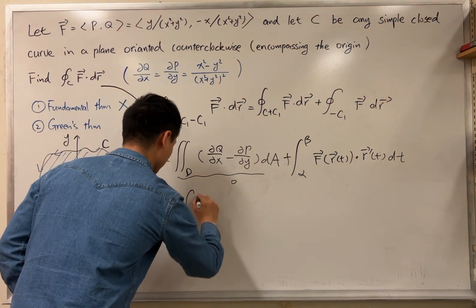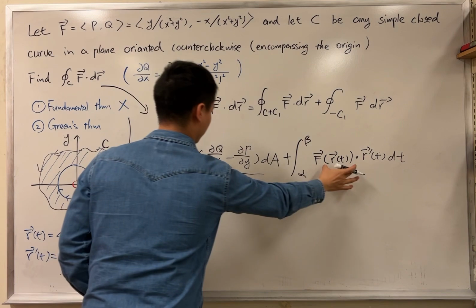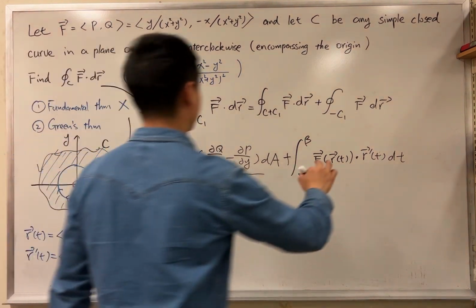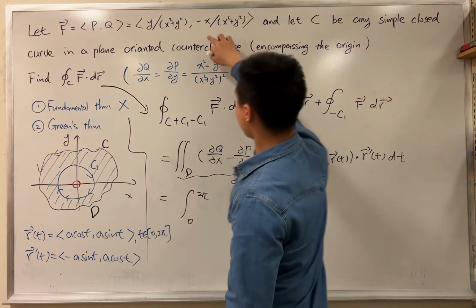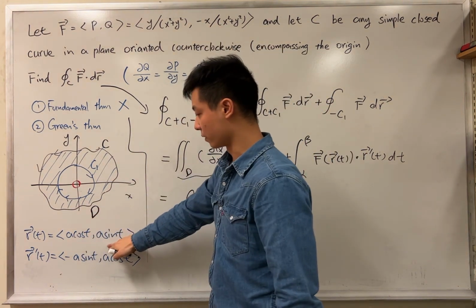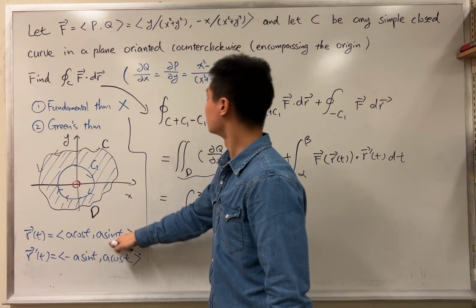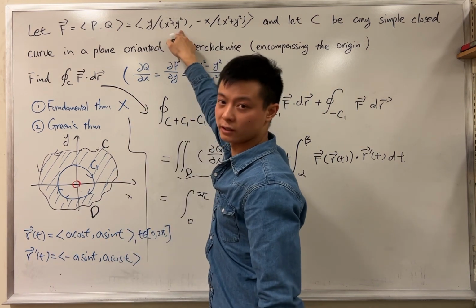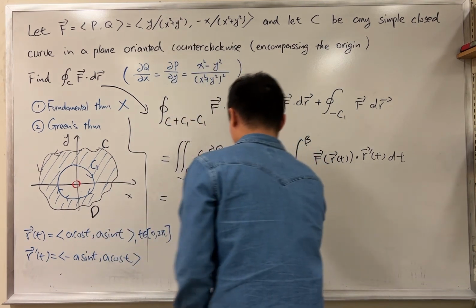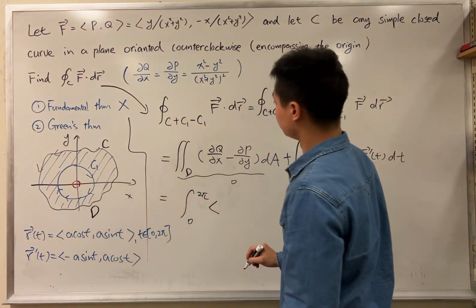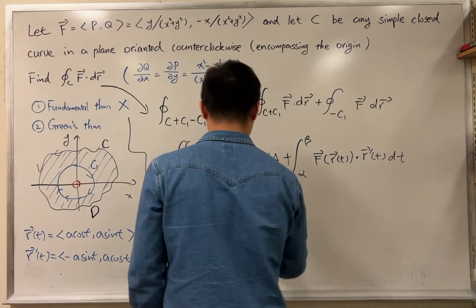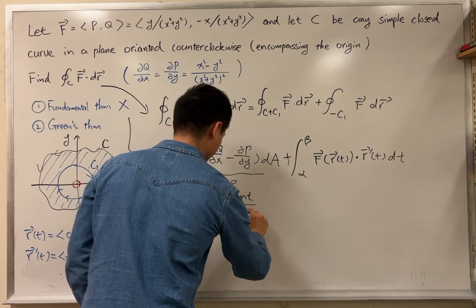And then this one is going to be turned into the integral from 0 to 2 pi. We're going to replace the x variable with a cos t, and the y variable with a sin t. And then x squared plus y squared is going to be the radius squared, which is a squared. So that's going to be y, which is a sin t, divided by a squared, and x, which is cos t, divided by a squared.